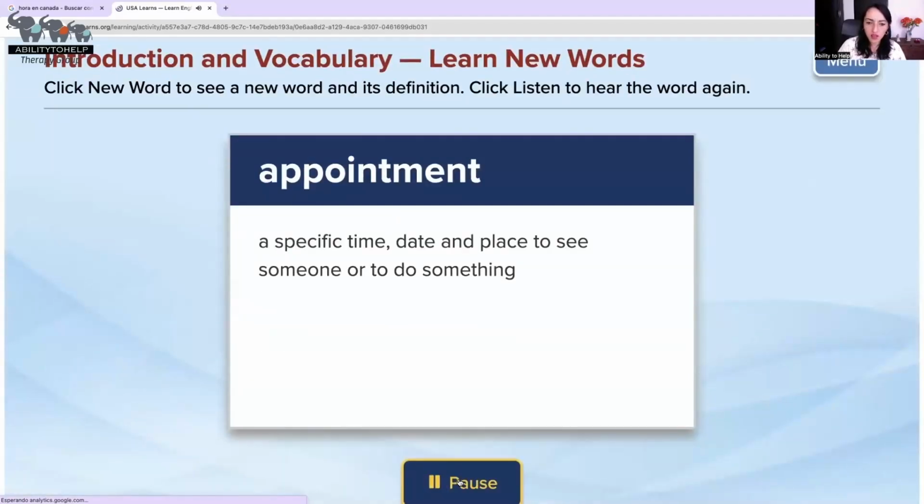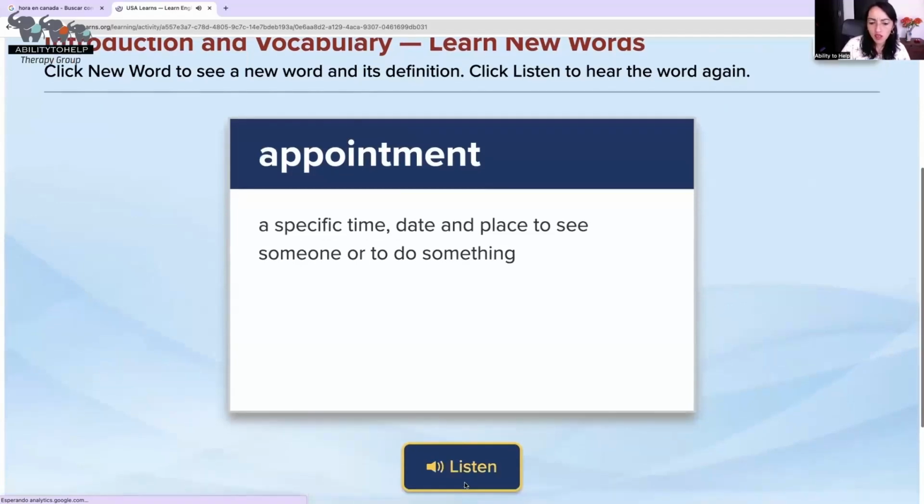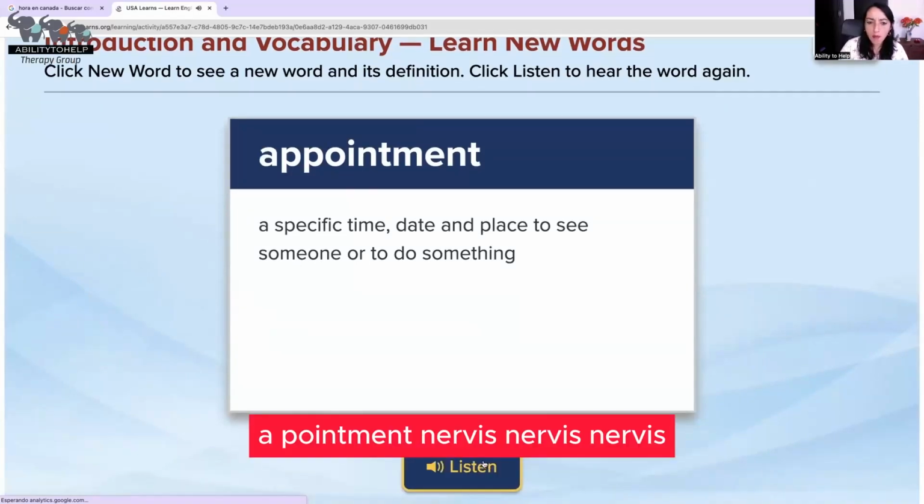Appointment. A specific time, date, and place to see someone or to do something. Una cita.